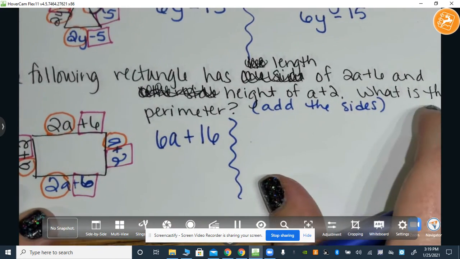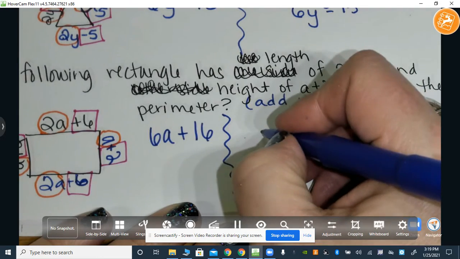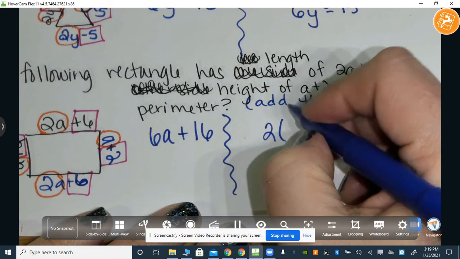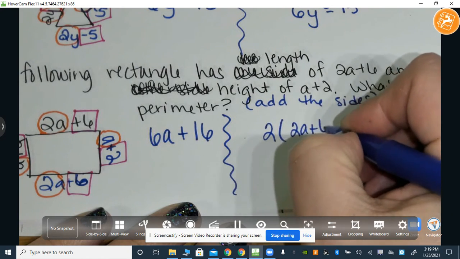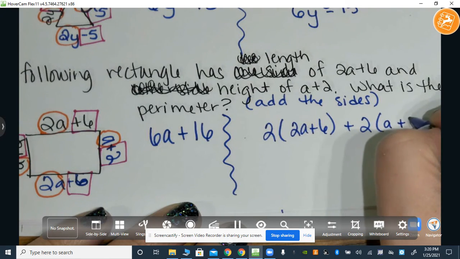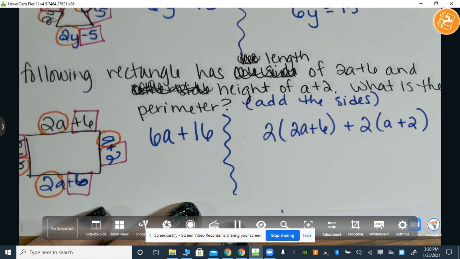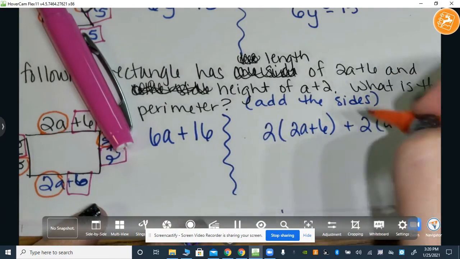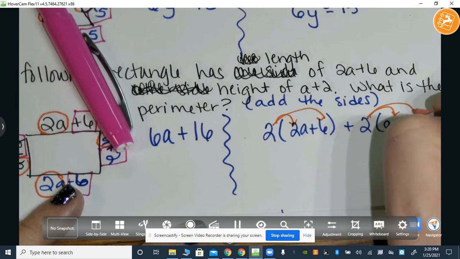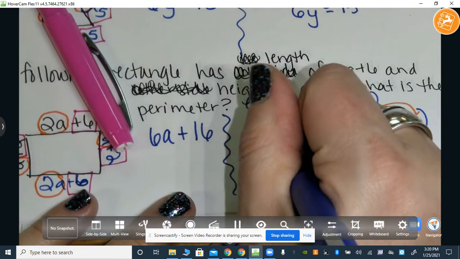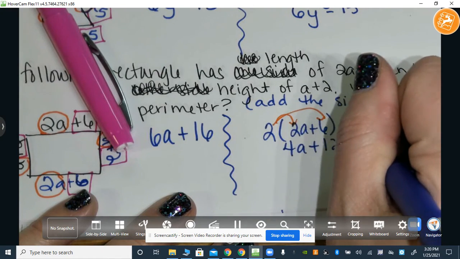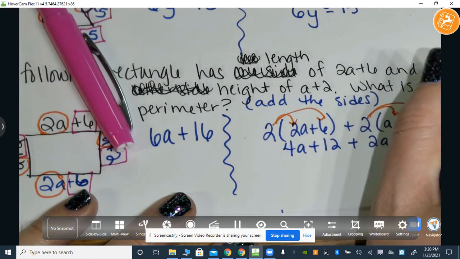You could have also done it another way. The perimeter formula is 2 times my length, which was 2a plus 6, plus 2 times my height, which is a plus 2. I did the distributive method. I'm going to distribute throughout. That would give me 4a plus 12 plus 2a plus 4.